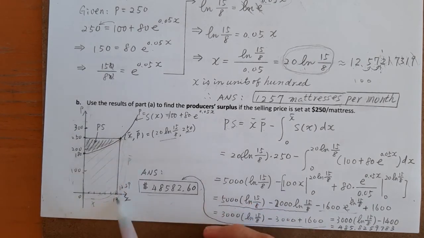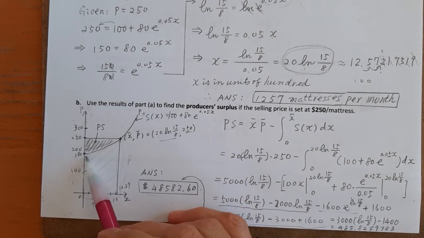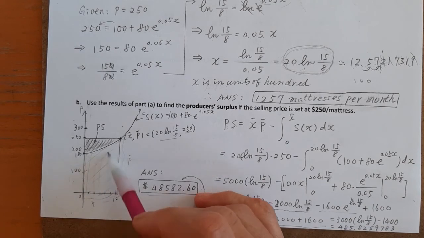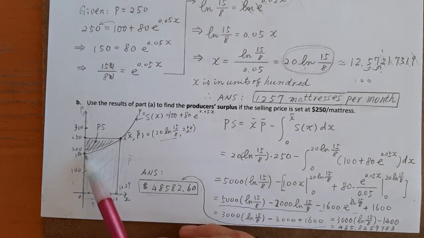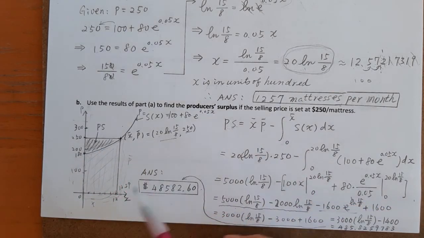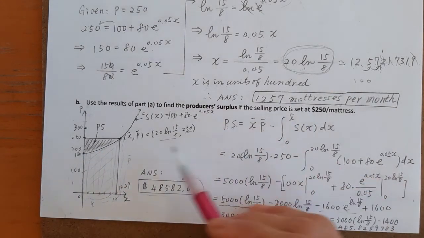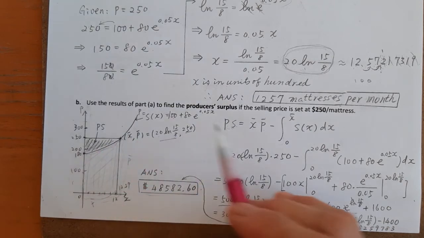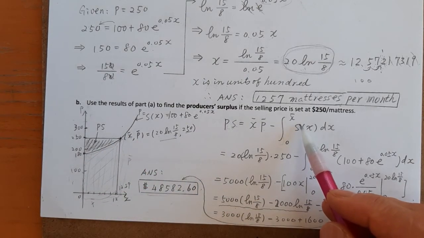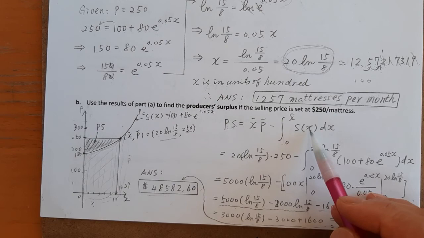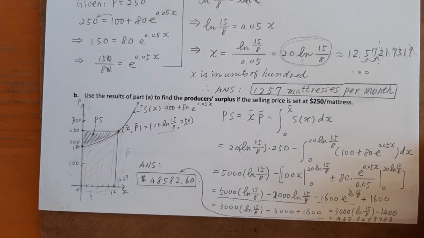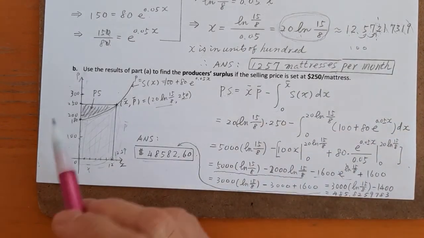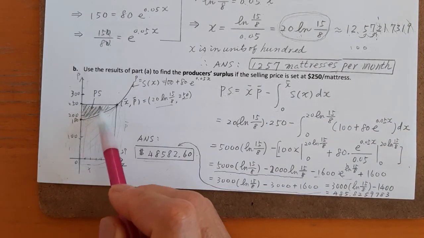X bar times P bar is the rectangle area minus this area. This area under the curve is the integral from 0 to X bar of the supply function S of X dx. And then you get this producer surplus.